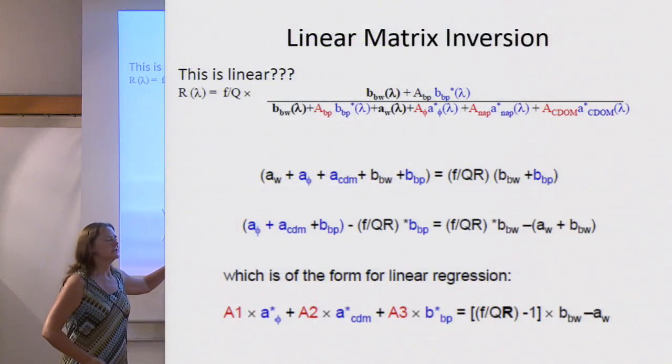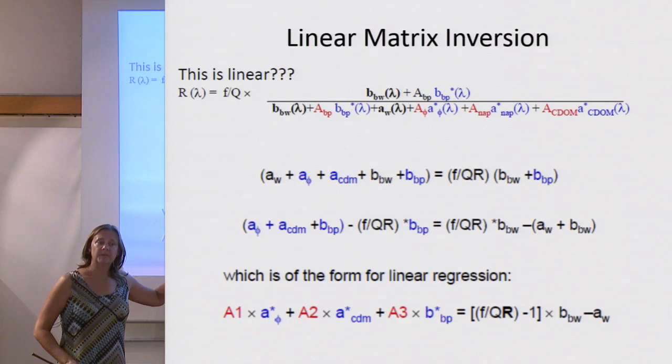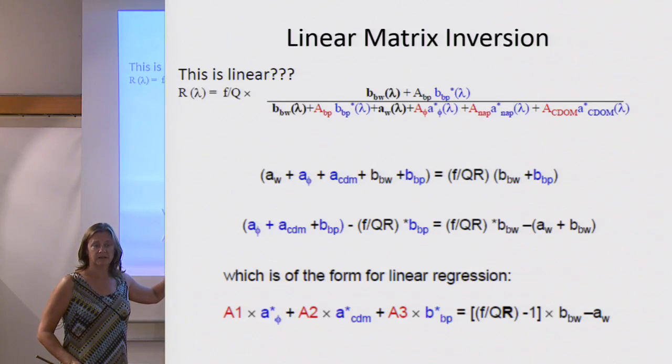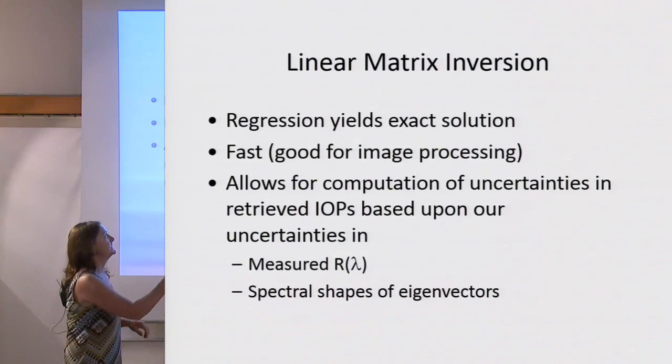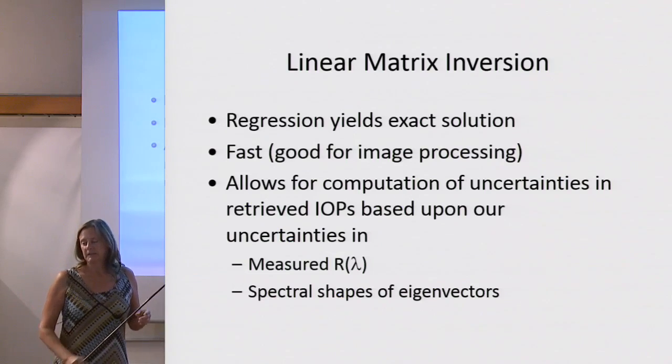That's actually a linearized form of the equation, which means that we can do a multiple linear regression, different from a nonlinear optimization. There are a bunch of advantages to a linear regression. One is that it yields an exact solution; there's one solution to the linear equation, right?